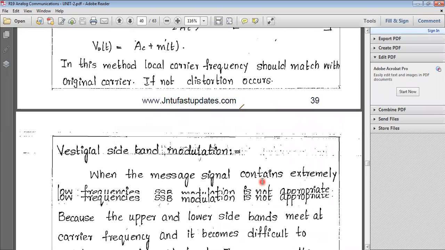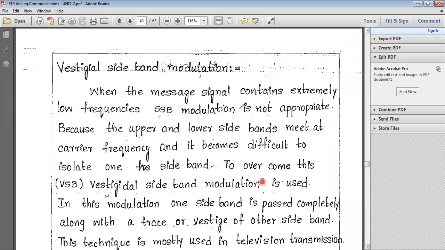Now coming to another technique, the last technique is vestigial sideband modulation. Up to now you observed normal conventional AM, that is double sideband with full carrier, also called DSB-FC.